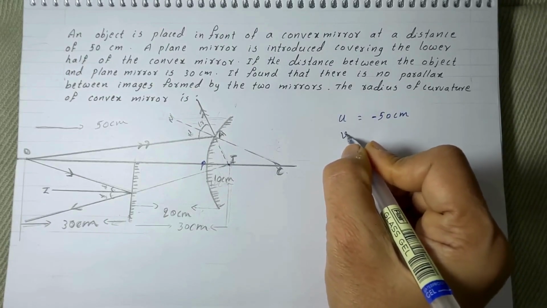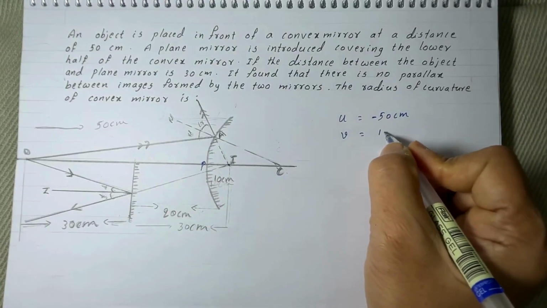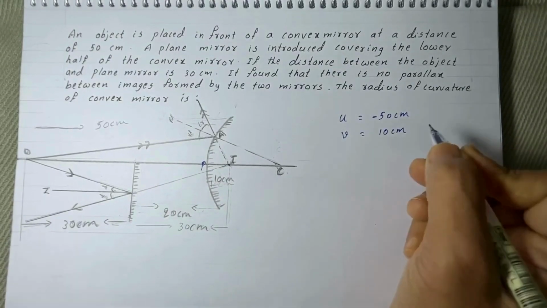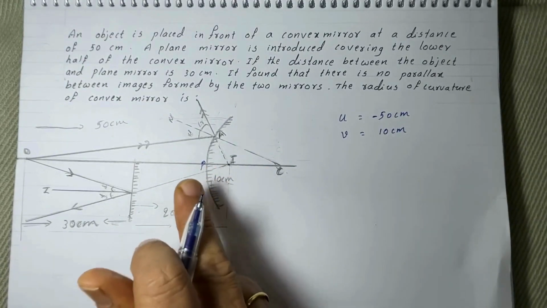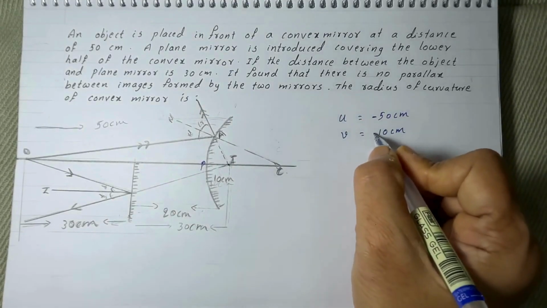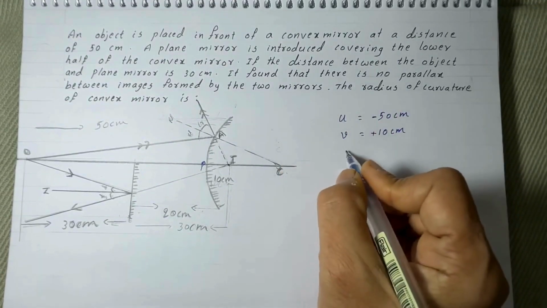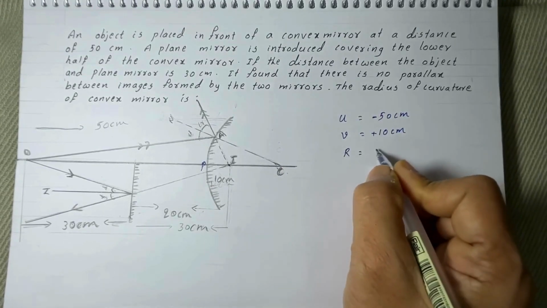And the image distance of the convex mirror is equal to 10 centimeters. But this is a virtual image inside the mirror, the right hand side of the pole, so that is positive. And what we have to find out is the radius of curvature. This is the unknown data.